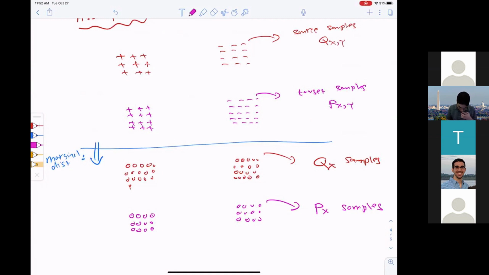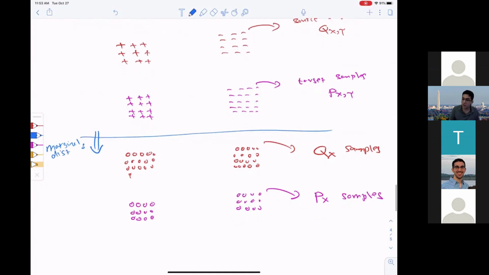Okay, so are these marginals the same or different? Obviously they are different because they have densities in different parts of the space. So how can I measure how similar they are?